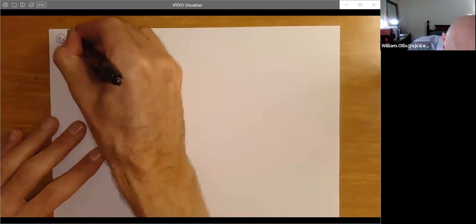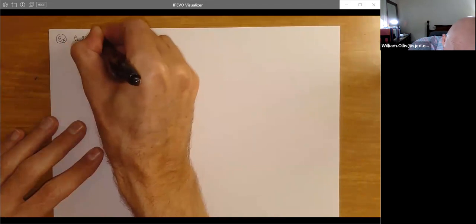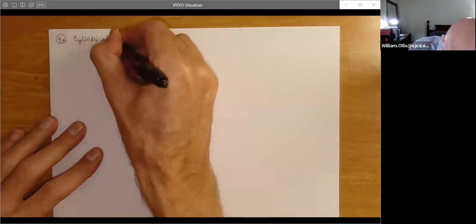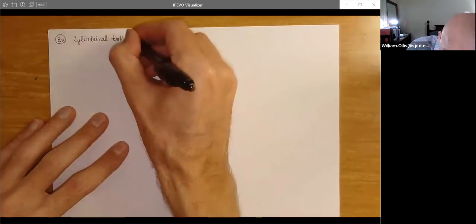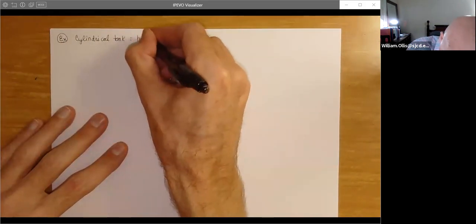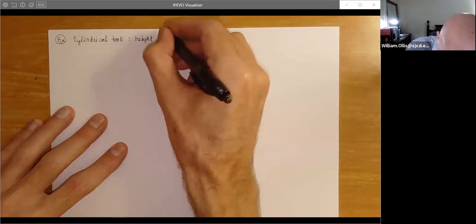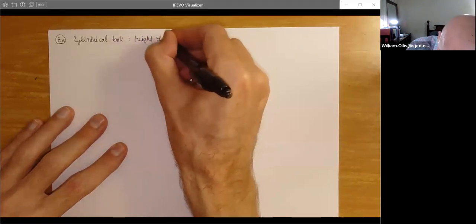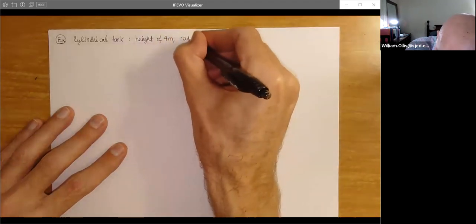So in this case, we have a cylindrical tank, and we have a height of 4 meters, and we have a radius.